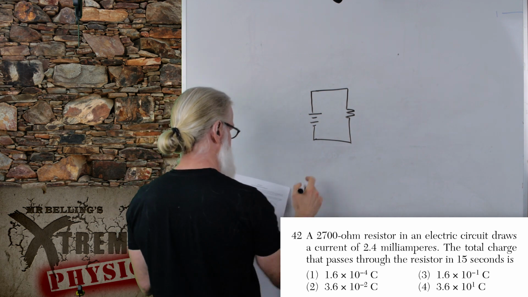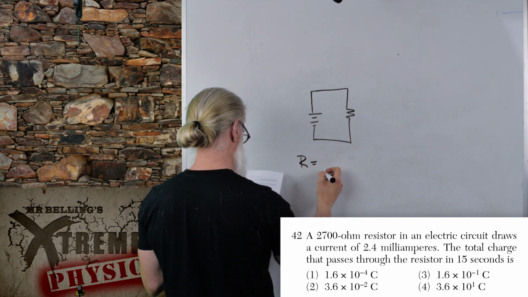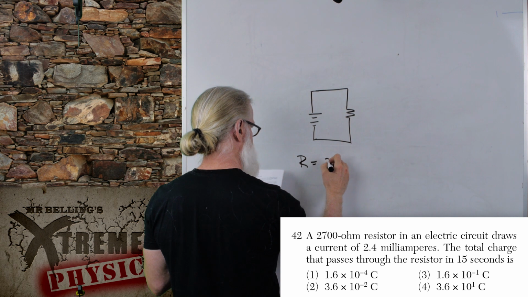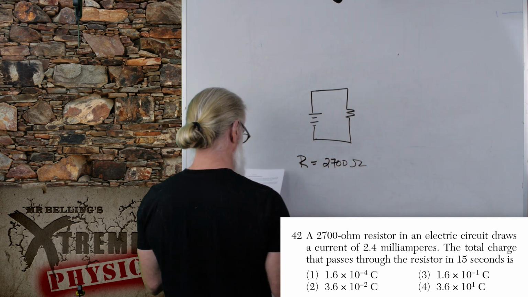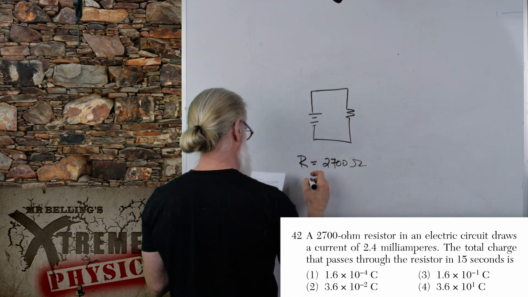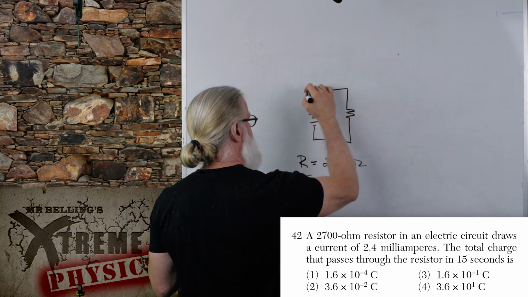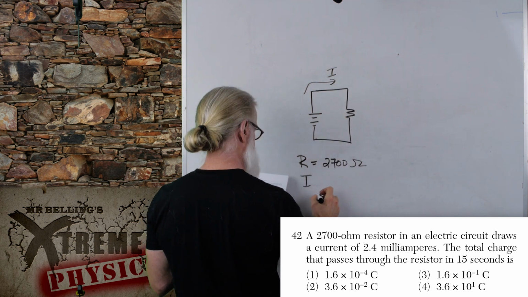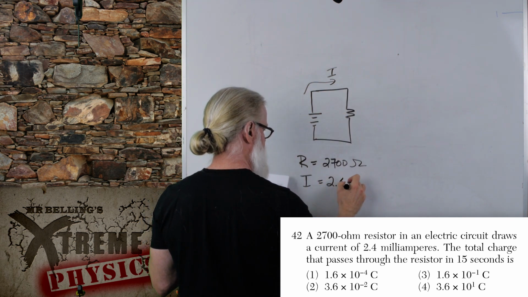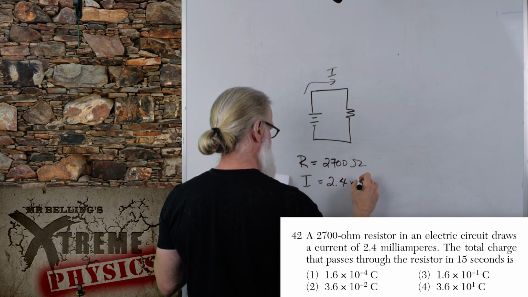There we go. Resistance is 2.7 kilo ohms. I'll write it out how they did it, 2700 ohms. There's a current traveling through here, I, of 24 milliamps.